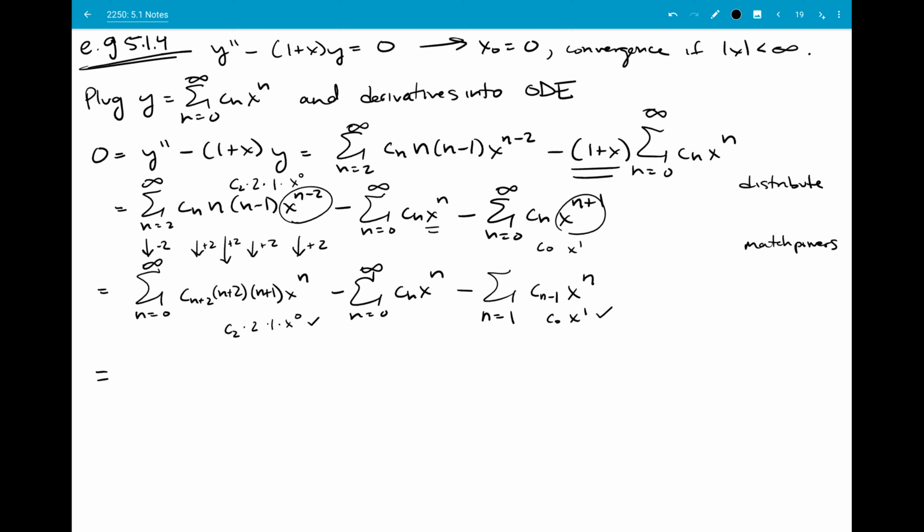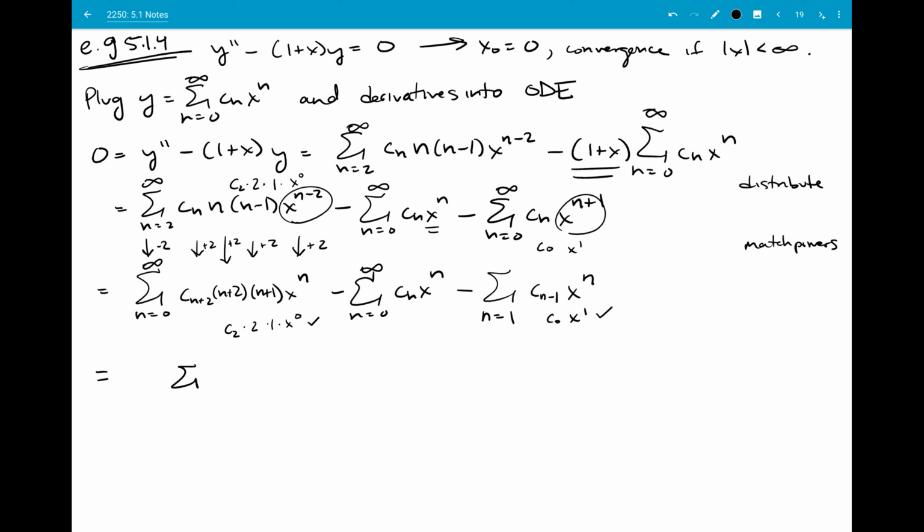Okay, so next up we have 3 sums, and some of them start in the same place, but some of them don't. So we need to make sure that they all have the same first index. You could move this one down to 0, but for me, it's always easiest to move things upwards, so I'm going to do that. If you wanted to do otherwise, you could, and it would still work out in the end.